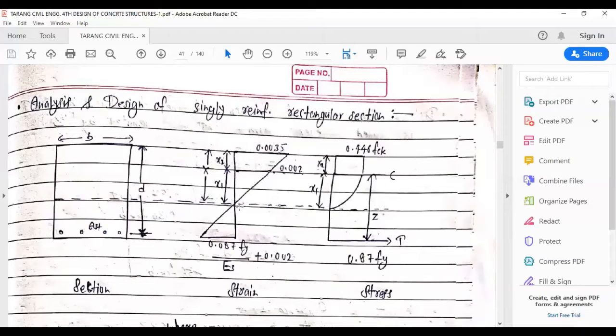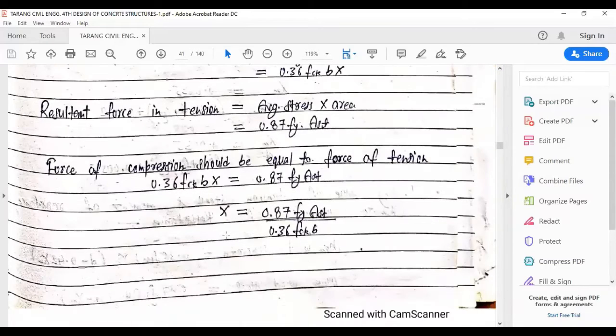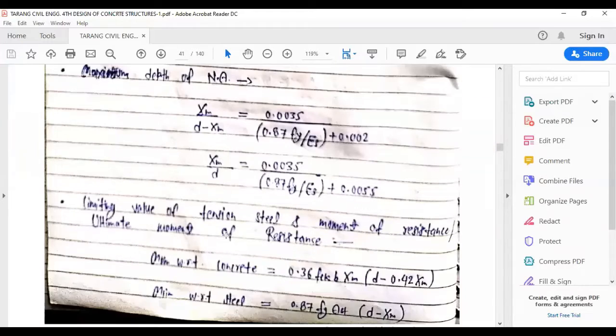So xm upon d minus xm, this upon this is equal to this upon this expression, as per the properties of similar triangles.